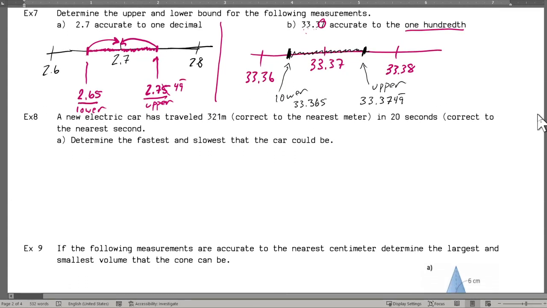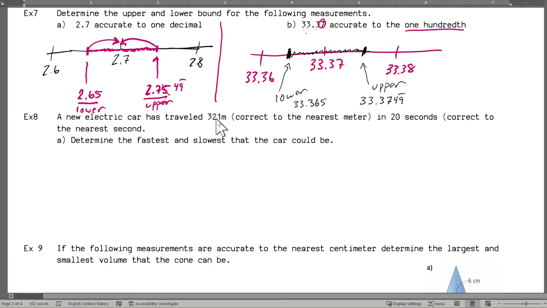Now, these questions, a series of several questions, says a new electric car has traveled 321 meters in 20 seconds. The meters is correct to the nearest meter. And the speed appears to be correct to the nearest second.